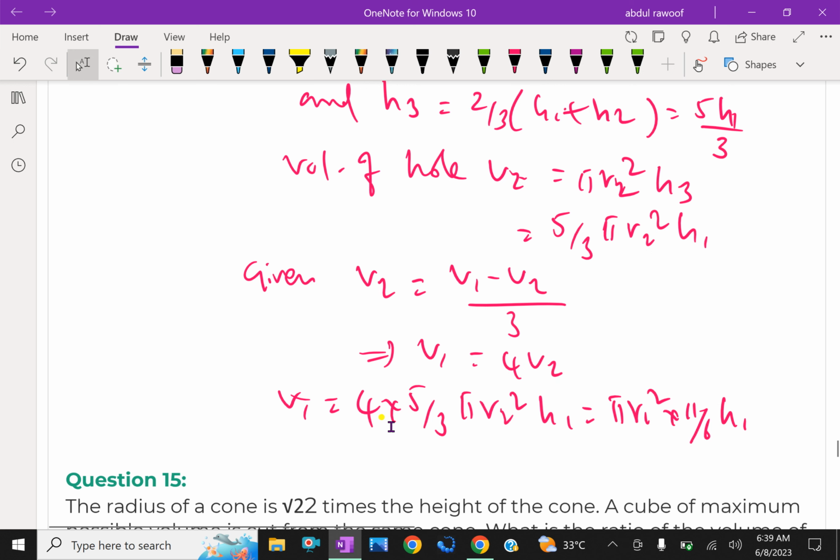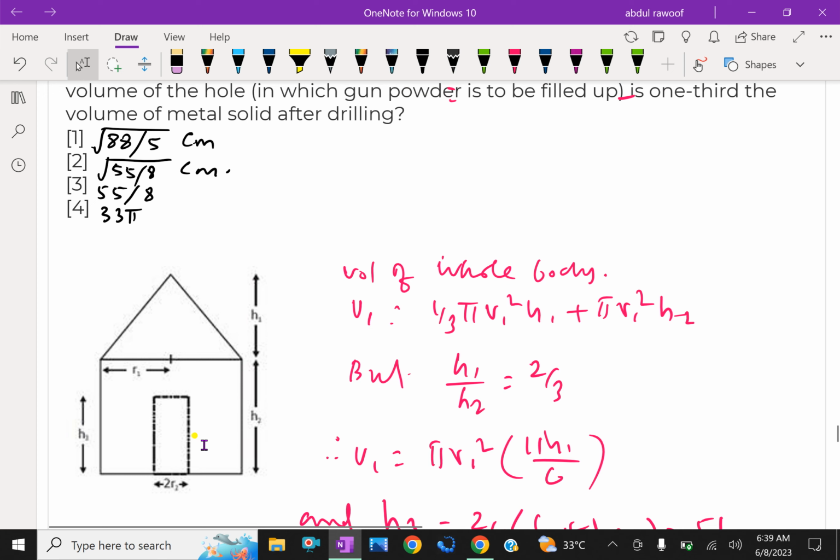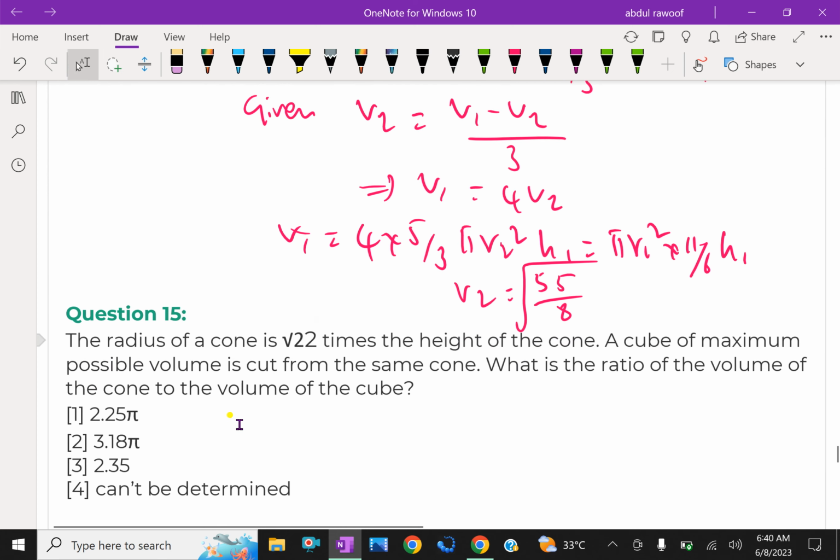From this relation, we'll get R2 equal to the square root of 55 over 8. That option. Next question.